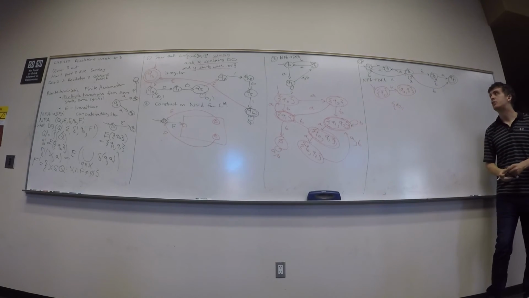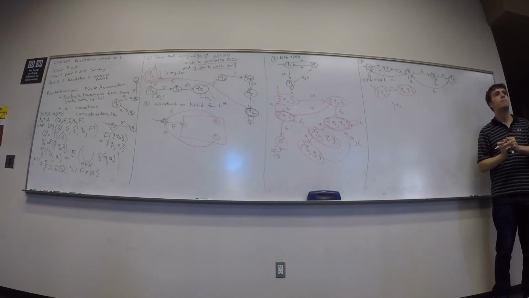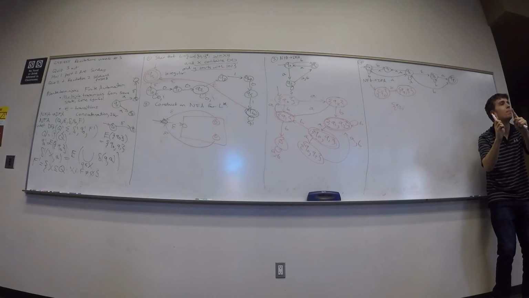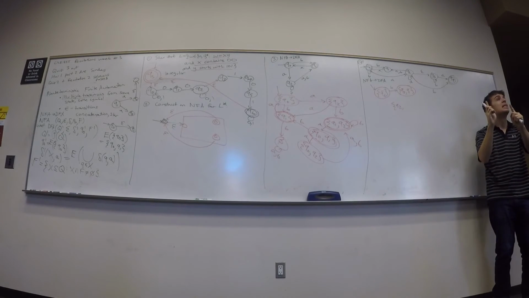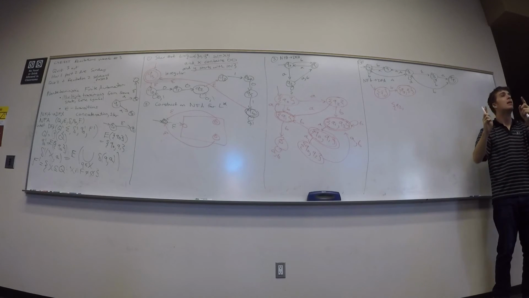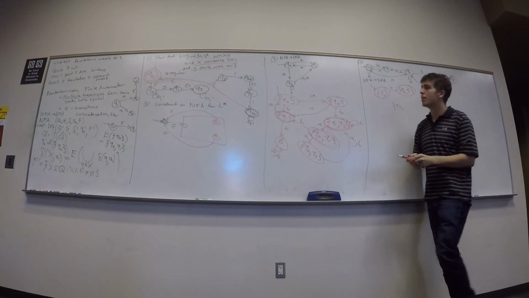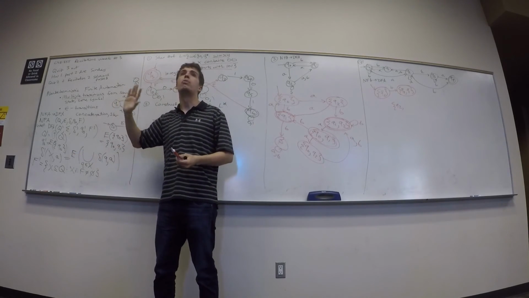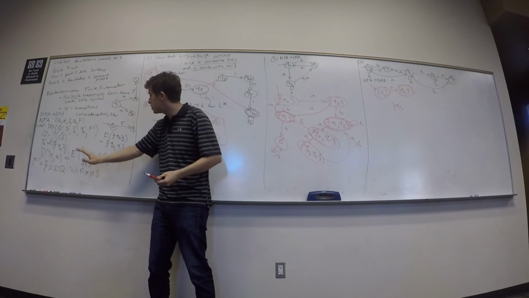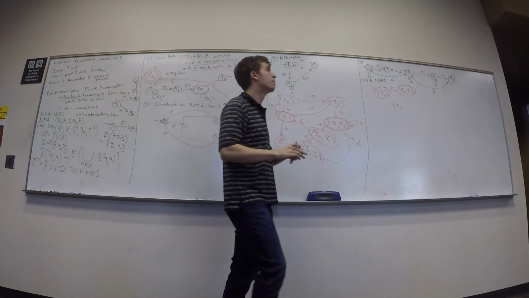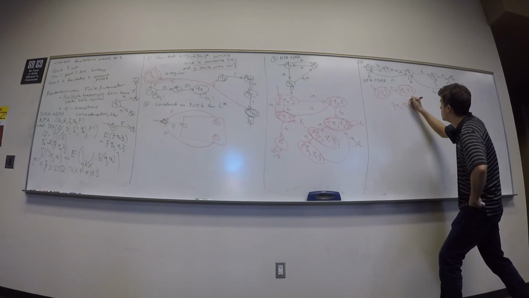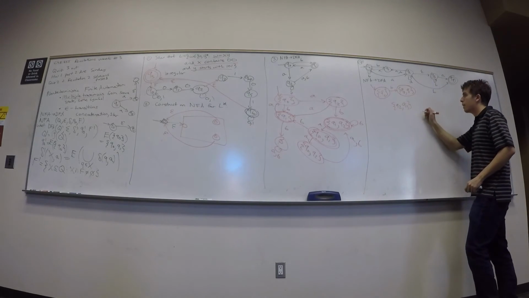Do I go anywhere else from Q0 on input A? No. Now, what's the epsilon closure of Q2? Itself and Q3. See, that's what I was saying before. Students commonly make the mistake of doing the epsilon closure prematurely. So you do the union first, then you do the epsilon closure. So I did the union first, then I added the epsilon closure later. So this is my new state.